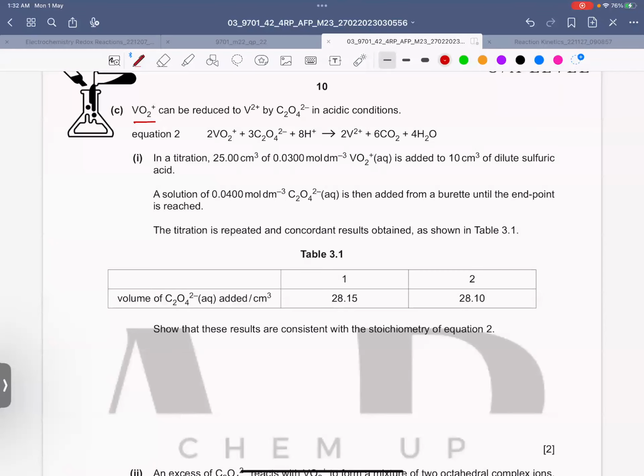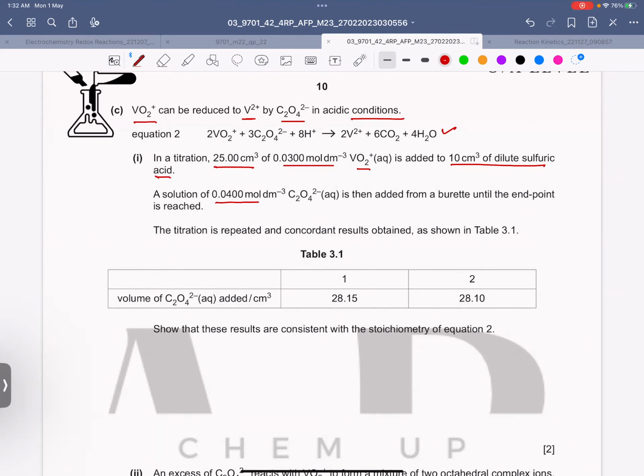VO2+ can be reduced to V2+ by C2O4 2- in acid conditions. In a titration, 25 cm³ of 0.03 mol/dm³ VO2+ is added to 10 cm³ of a dilute acid.